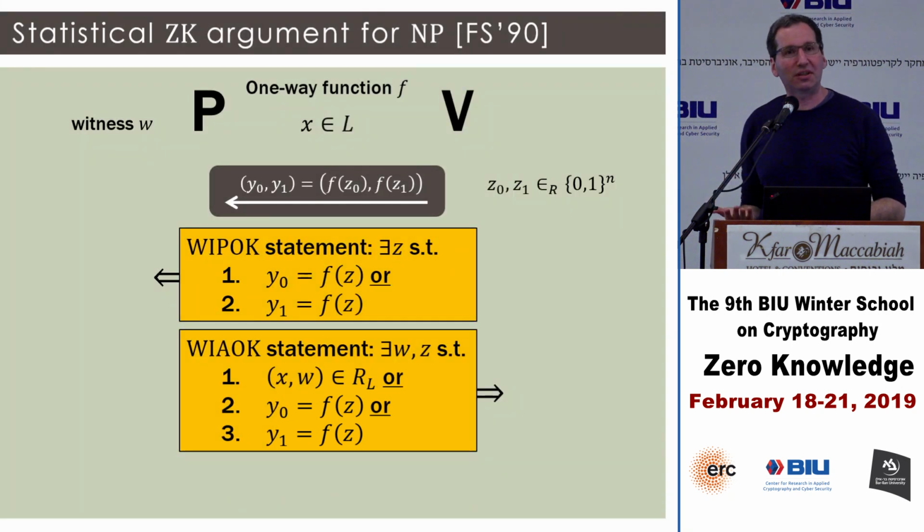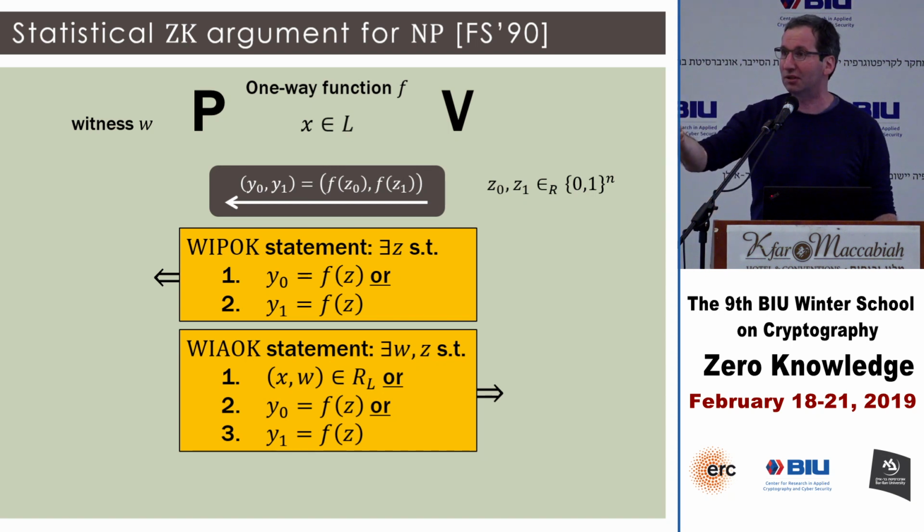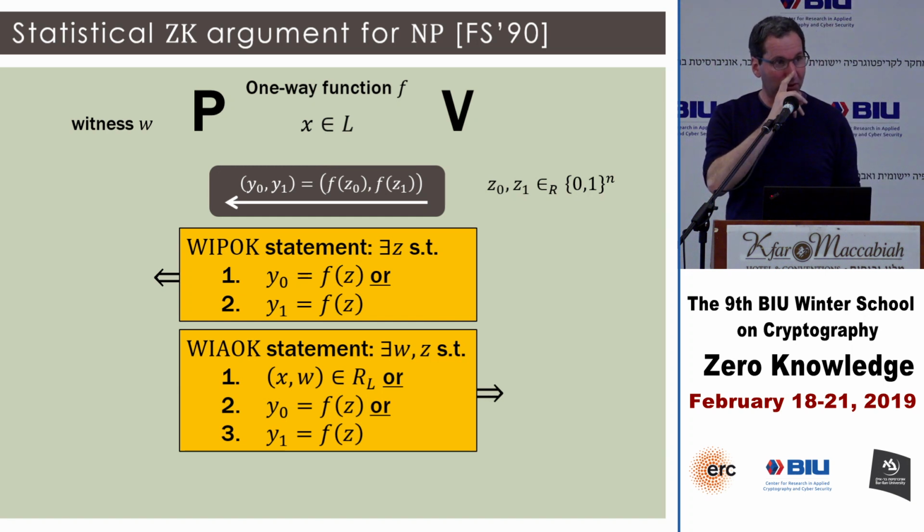So there are three ways to satisfy this relation. Either you find a witness for X and use it in the proof, or you find a pre-image for Y0, or you find a pre-image for Y1. And keep in mind that we're proving this with a witness-independent proof of knowledge. So whether I use W or Z will be indistinguishable to the verifier. Okay, so keep this in mind, we'll of course use it.